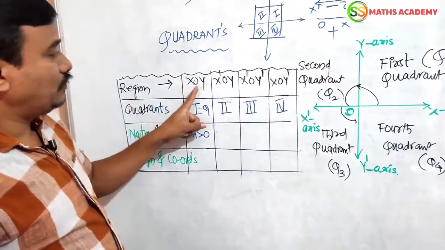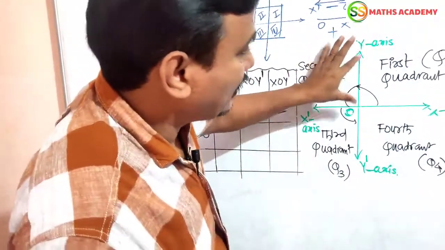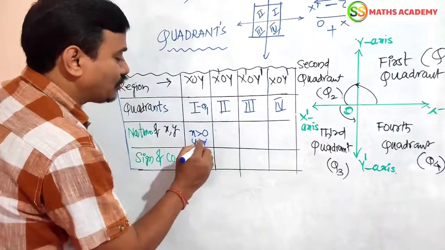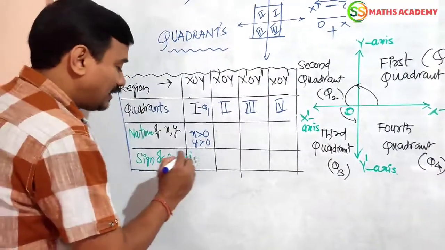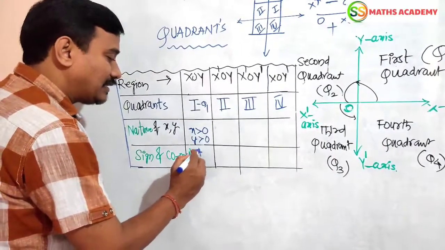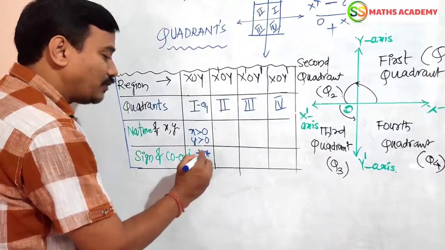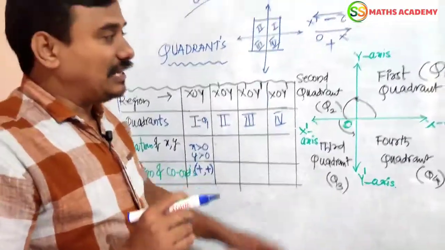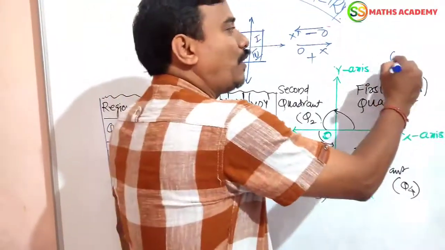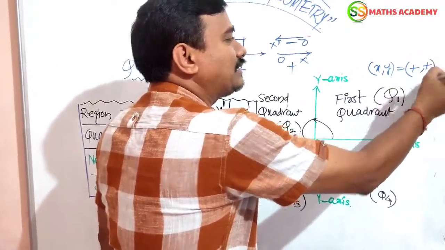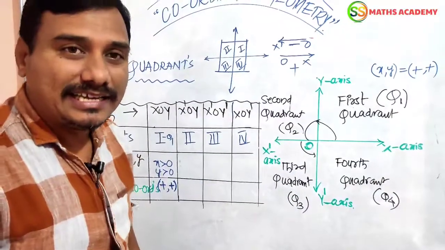In the XOY region, OY upper part is positive, means y is also positive. So x is greater than 0 means plus, y is greater than 0 means plus. So we say plus comma plus. In the first quadrant, the point x comma y has both signs plus comma plus only.